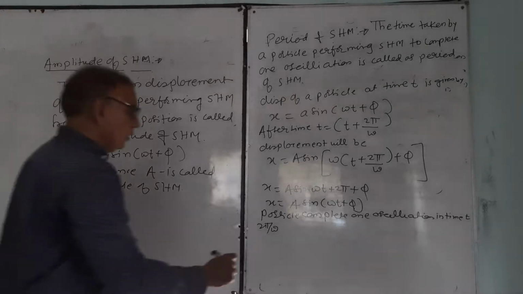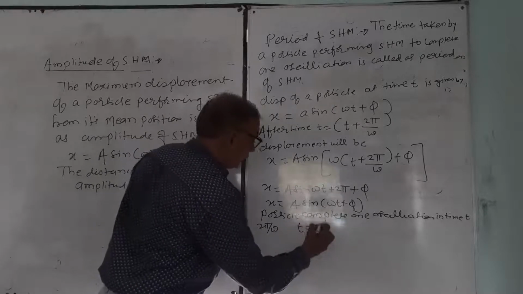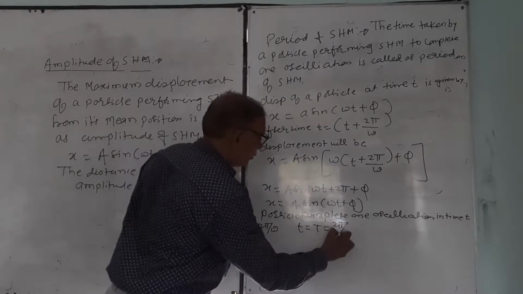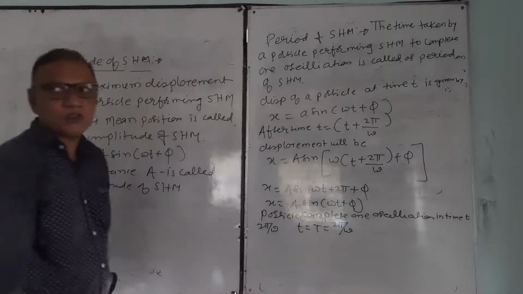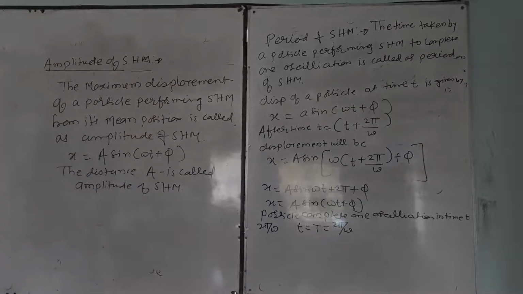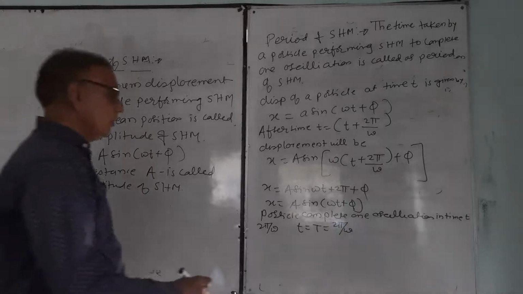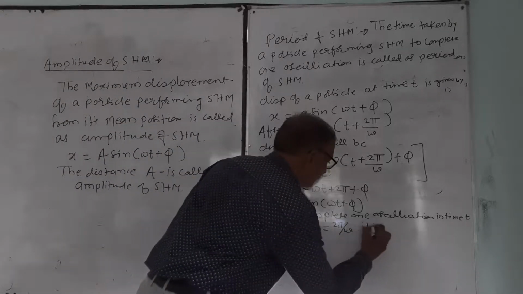Therefore, small t is equal to capital T is equal to twice pi by omega. Small t is equal to capital T plus twice pi by omega is the minimum time after which it repeats. It is the minimum time.